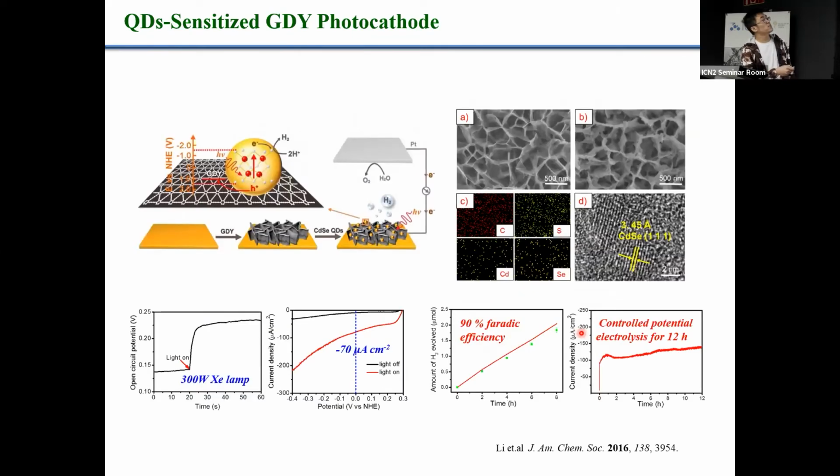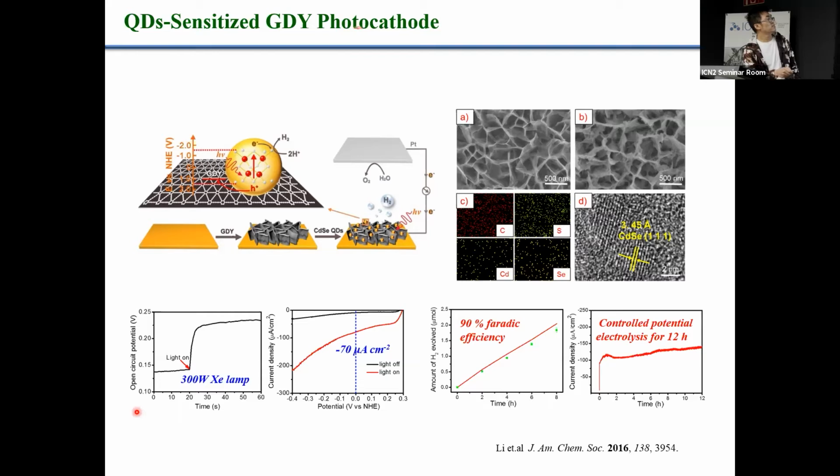So this work is designed like this. First we synthesize the graphdiyne on the copper foil, and then we assemble the quantum dots on the graphdiyne, and we assembled the PEC cell for photoelectrochemical water splitting. And this is some morphology, and we can see the nanowall structure and this HRTEM.